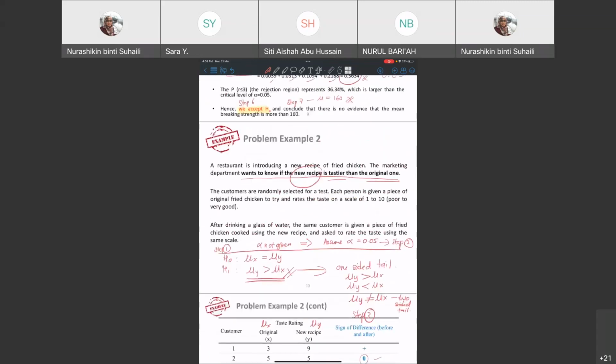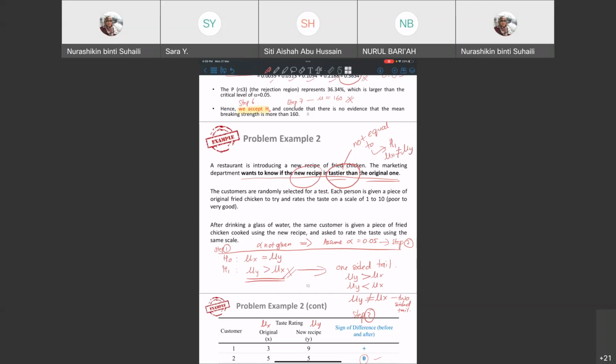The marketing department wants to know if the new recipe is not equal to the original one. In that situation, that gives you an indication that for your alternative hypothesis, you should use the not-equal sign.